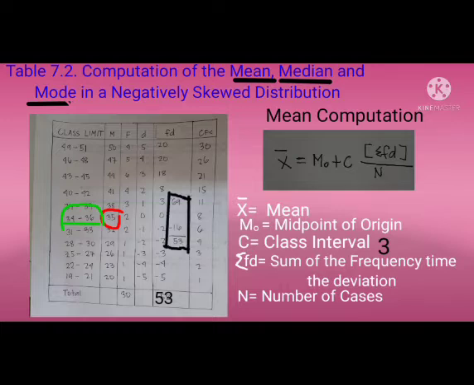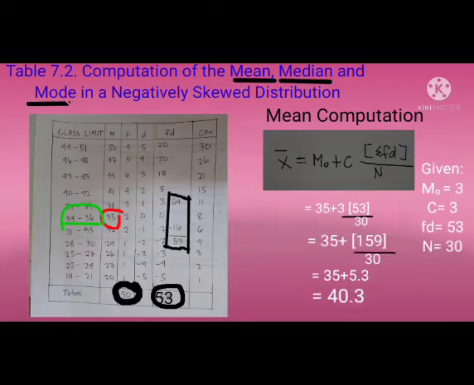Our summation is equal to 53, and for the number of cases, we have 30. So we will compute this: 35 plus 3 times 53 over 30 is equal to 35 plus 159 over 30, which is equal to 35 plus 5.3, which is equal to 40.3.